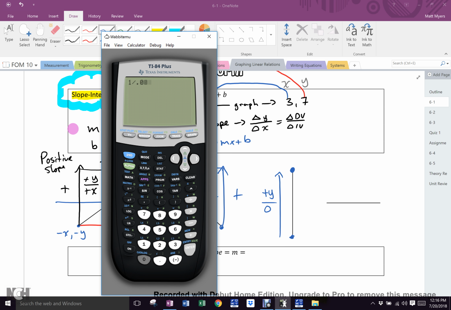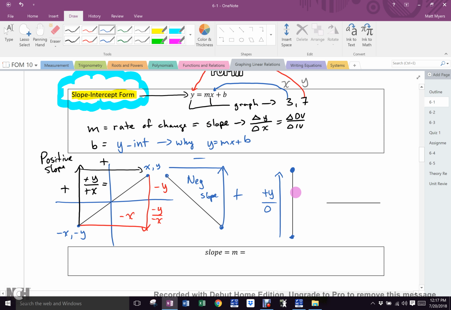Point 0.0000000. We can put a ton of zeros, can't we? Now, isn't that almost 0, right? So when I do that division, I get 100 billion. As I get closer and closer to 0, this value gets bigger and bigger and bigger, doesn't it? So what's going to happen when I hit 0? It's not going to exist because it's going to be infinite. So this is what we call an undefined or infinite slope.